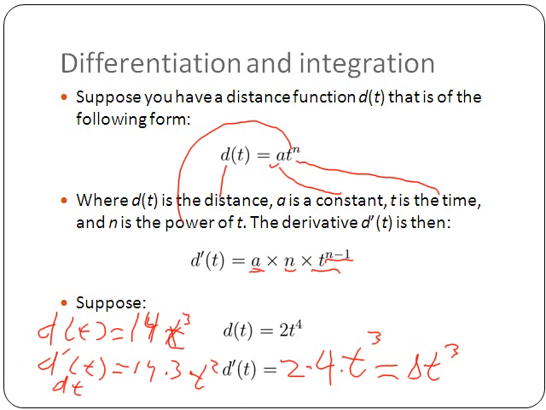So d prime of t would be equal to 42t squared, just like that. That's how you differentiate something. And so that basically means the slope of 14t cubed at any point is 42t squared. If I want to find the slope of this graph at 1 second, I put in 1 for t, and 1 squared is 1, times 42 is 42. The slope's 42. That's how that works.